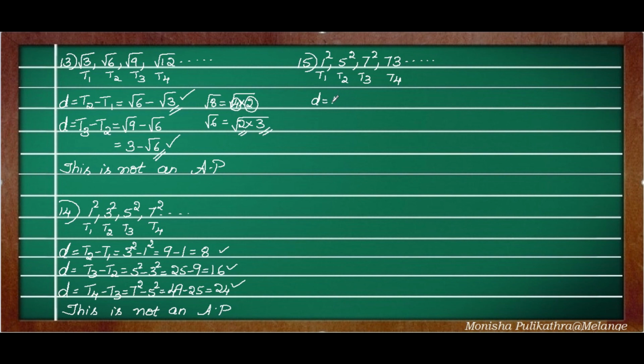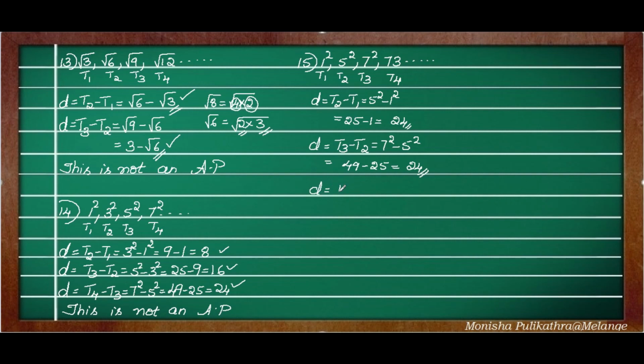The common difference is T2 minus T1, that is 5 square minus 1 square. 5 square is 25, 1 square is 1, so 25 minus 1 is 24. This is the first common difference. Then D is equal to T3 minus T2. T3 is 7 square minus 5 square, that is 49 minus 25, which is 24.